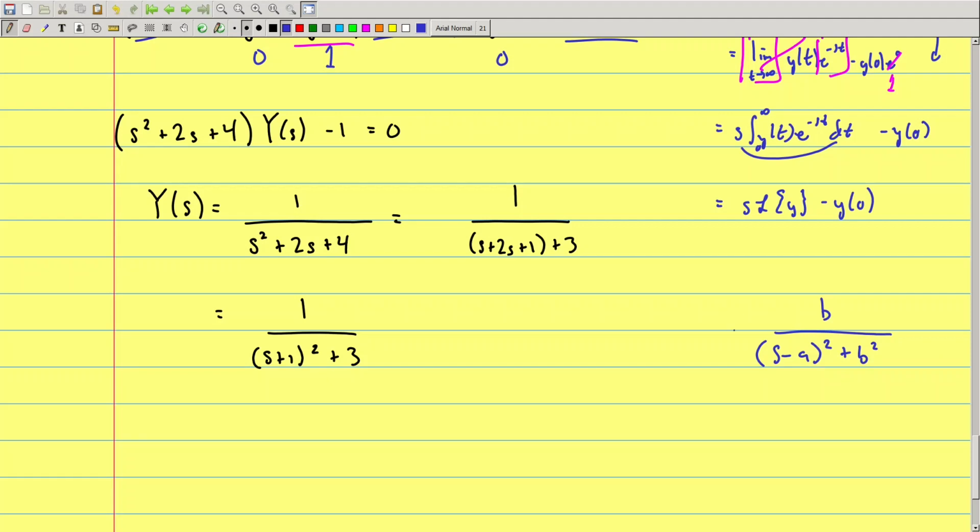Okay. And then I may need some constant k out front in order to get everything to line up the way that it's supposed to. Right? We can see by comparison that a is -1 and b is the square root of 3. Right? And I need b in the numerator. So what you do is you multiply by 1.